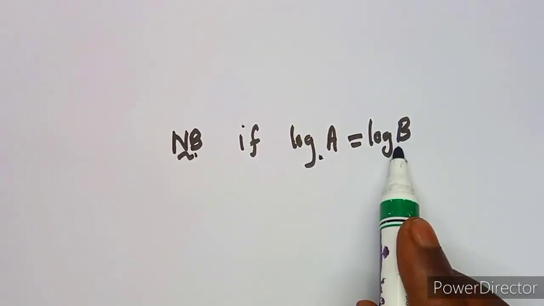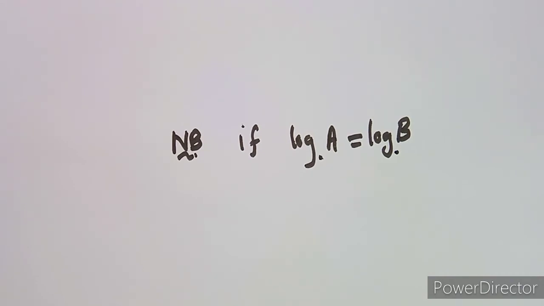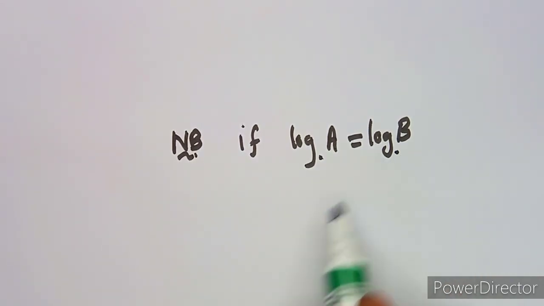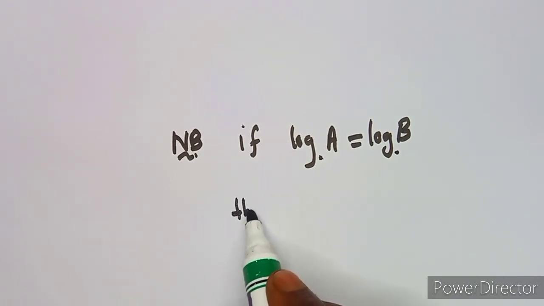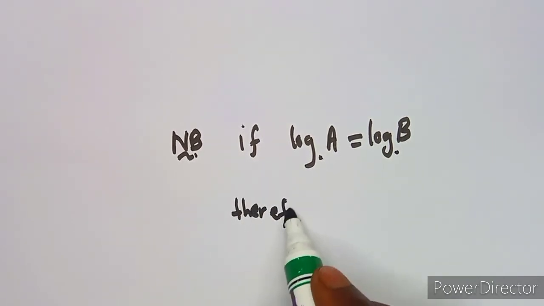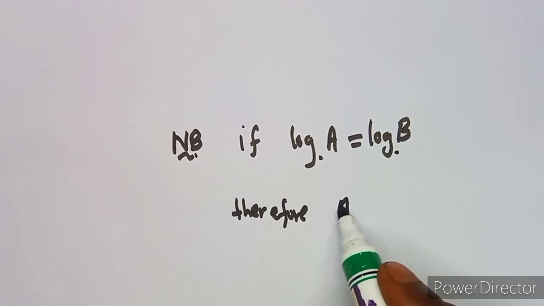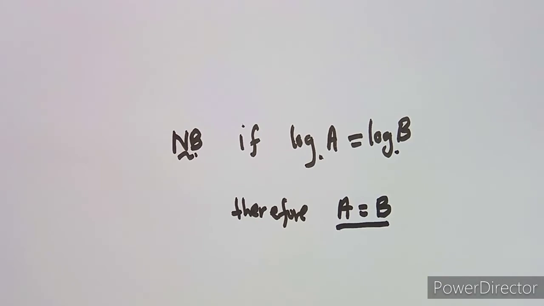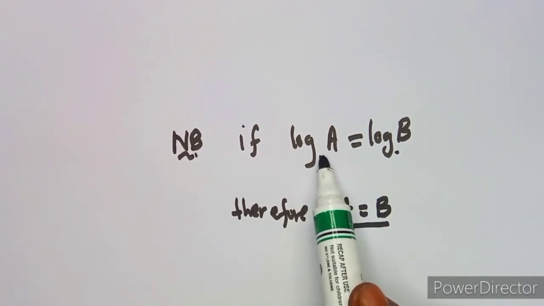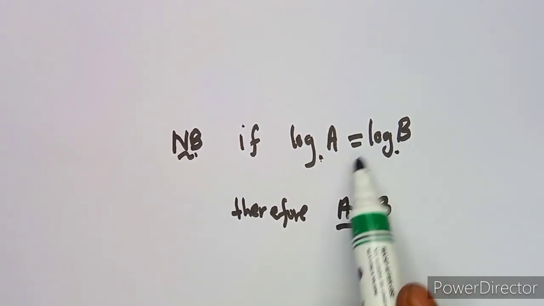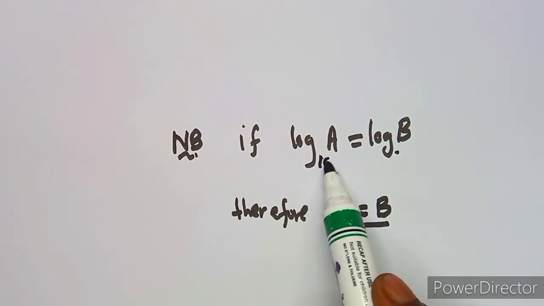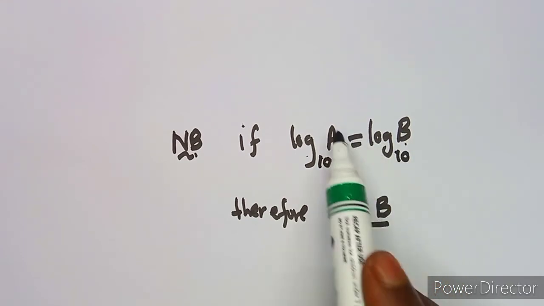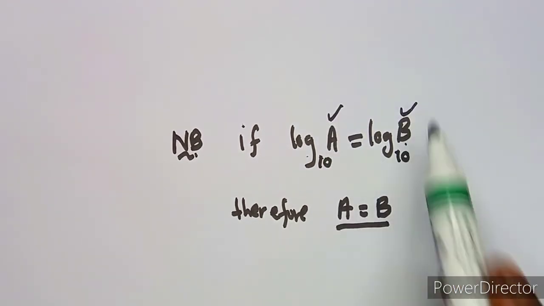So if these two bases are the same and these two logarithms are equal, therefore it means that A is equal to B. That is the concept there. There is no way that these two logarithms can be equal whilst these two bases are the same and these two numbers will be different.